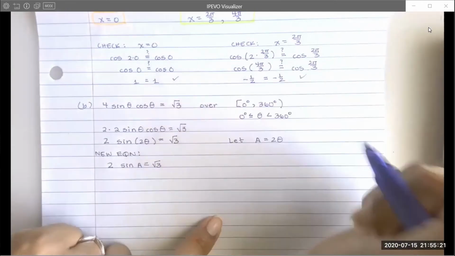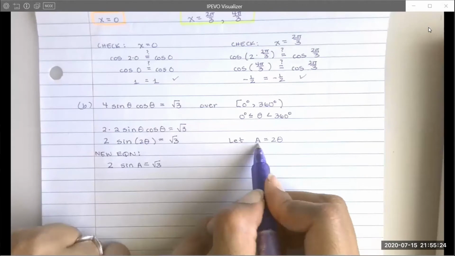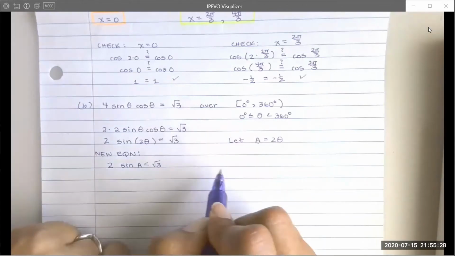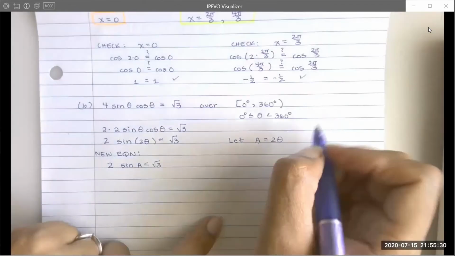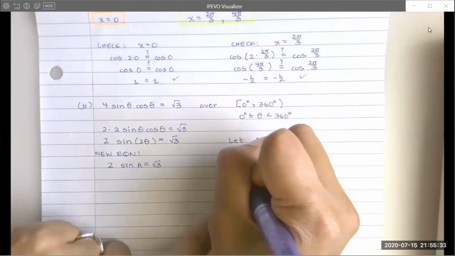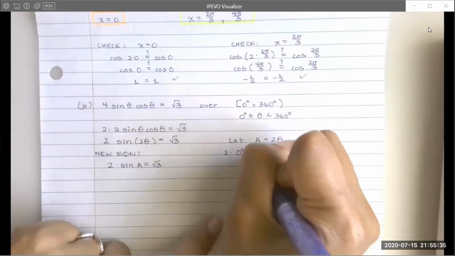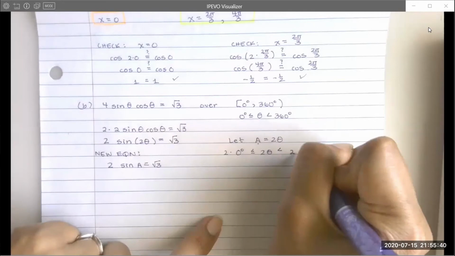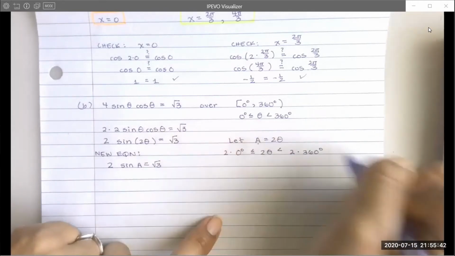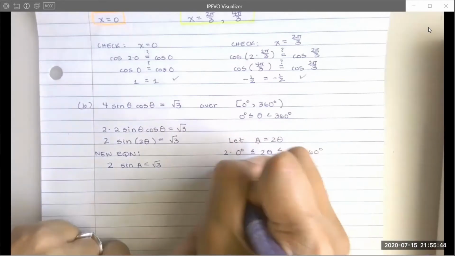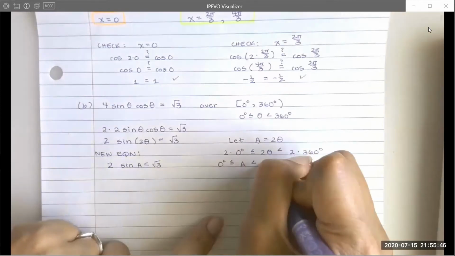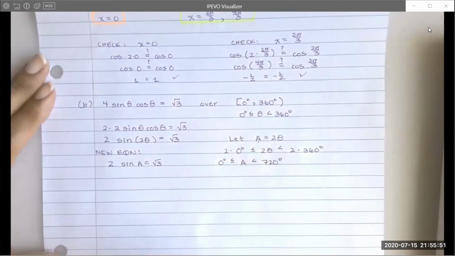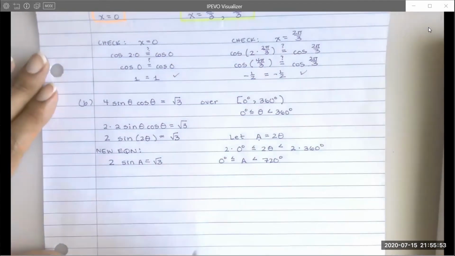That means for a, if I multiply all 3 parts of the inequality by 2, I have 2 times 0 degrees is less than or equal to 2 theta, which is less than 2 times 360, which means that a has to be between 0 degrees and 720 degrees. Okay, so that's my new problem.